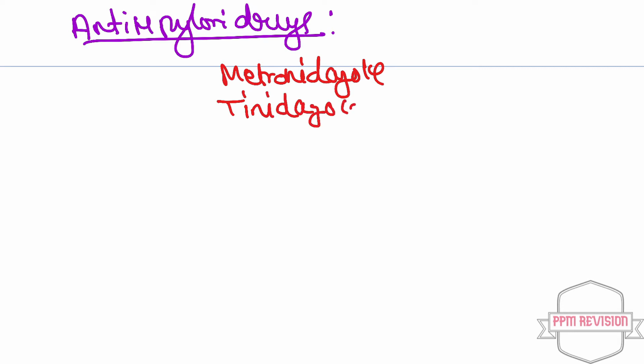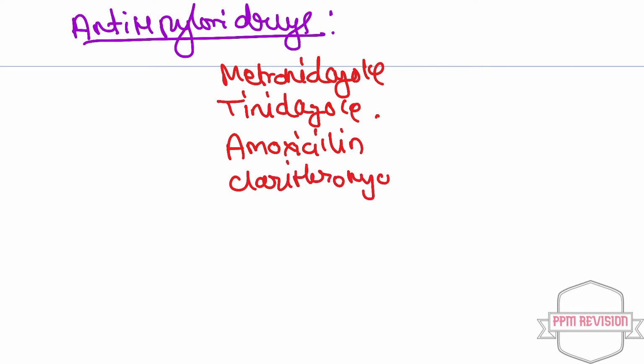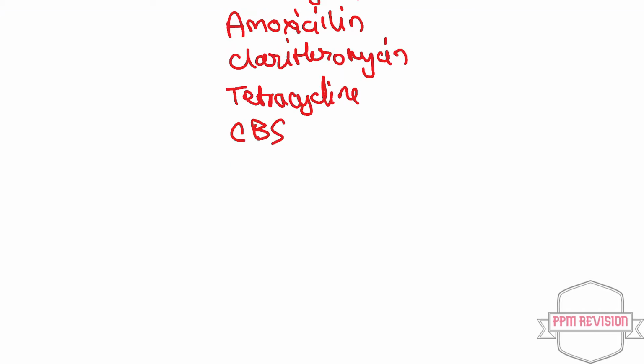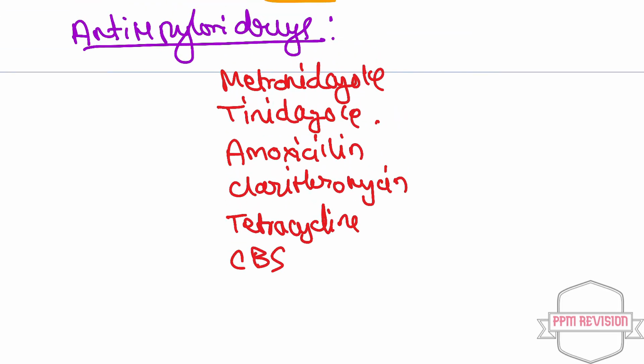Yeah, so we're done with azoles. Now we also have amoxicillin, and then we have clarithromycin, then we have tetracycline, as well as colloidal bismuth subcitrate. Yes, so we are done with the drugs used in peptic ulcer.